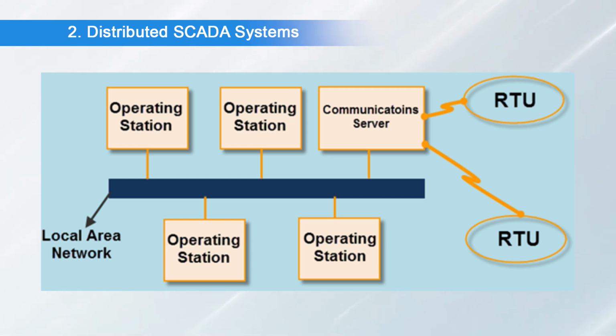Hence, these are termed distributed SCADA systems. These individual stations are then used to share the real time information, data and command processing for performing the control task to trip the alarm levels of possible programs.